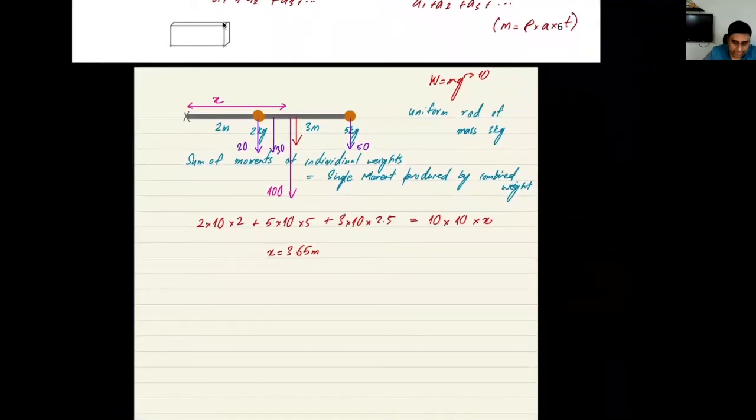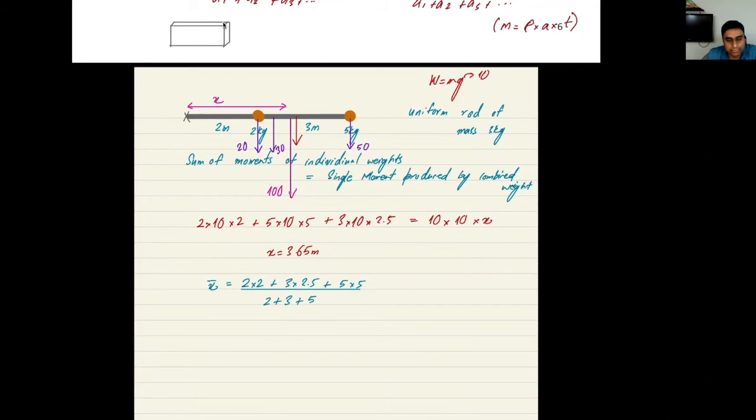Which means what? Which means when I say, sir, I understand what's going on here, but I'm just going to learn the formula. So I'm just going to use the formula as 2 times 2 for m1x1 plus 3 times 2.5 for m2x2 plus 5 times 5 for m3x3, divided by m1 plus m2 plus m3, 2 plus 3 plus 5.